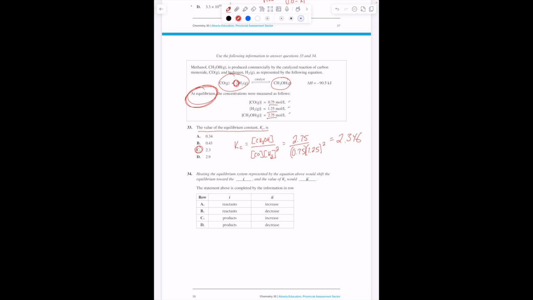All right, heating the equilibrium system represented by the equation above would shift the equilibrium towards, okay, so if I heated it up, where would it go? I can see that that is a negative, which means exo, so kilojoules is over here. If I heat this up, we shift away from the heat. So I would shift towards reactants.